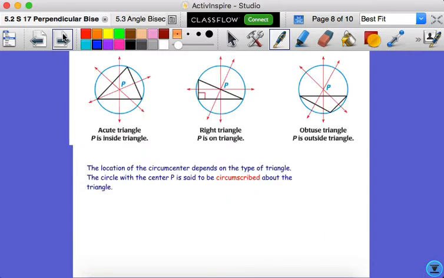So again, the circumcenter has that name because with that point, we can circumscribe a circle around the outside of the figure, with that point of concurrency, the circumcenter, being the center of the circle. So when we circumscribe something, it goes around the outside of that figure.